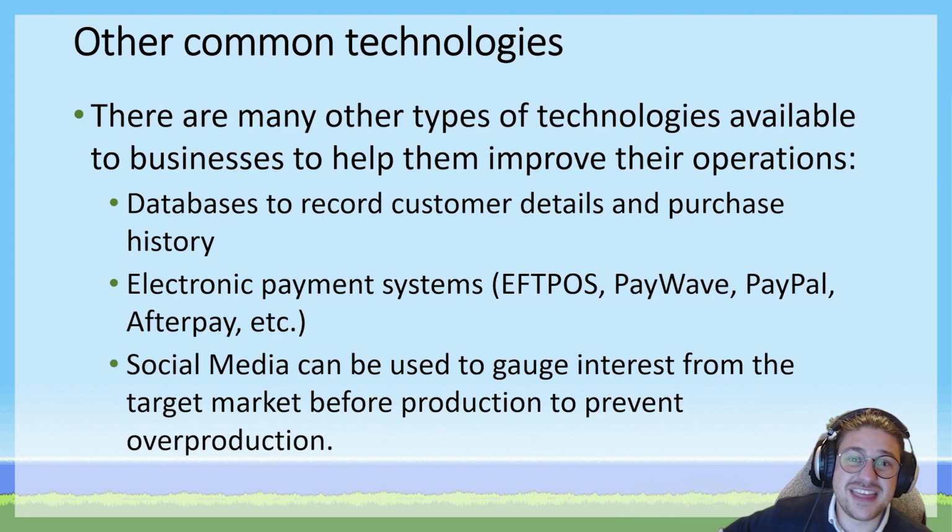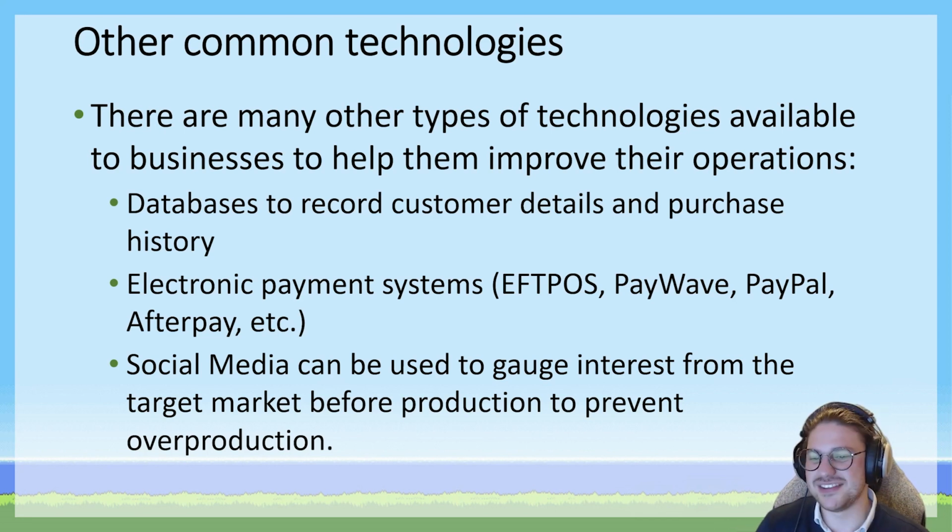Other technologies that have impacted business over time certainly include databases, not necessarily cloud storage, but databases for storing customer details and purchase histories. Certainly payment systems, digital payment systems, starting with something as simple as EFTPOS and being able to use a card rather than cash, all the way through to more modern developments like Afterpay.